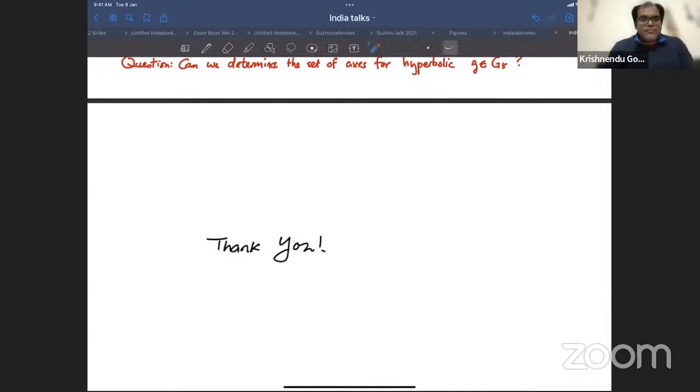So, sir, how do you prove the non-arithmeticity? Does it follow directly from your construction, or is it some result? To prove that it's not arithmetic, you use this result of Takeuchi. You need to show that there are some traces which are not integers, because the invariant trace field in this case is Q. So it's just verifying that some condition is not satisfied.